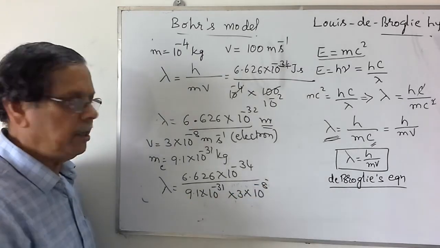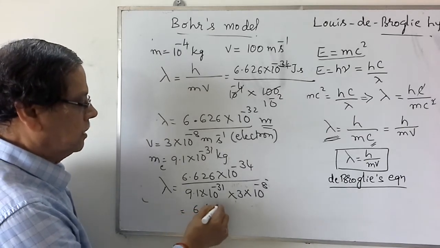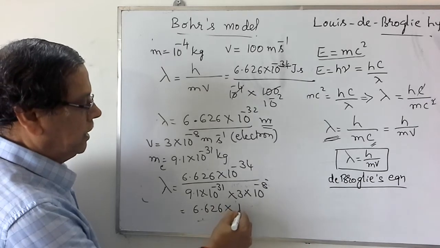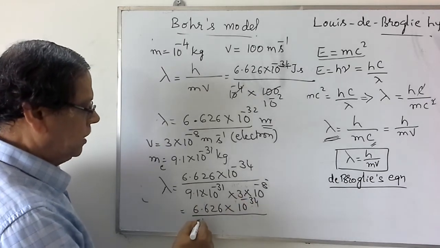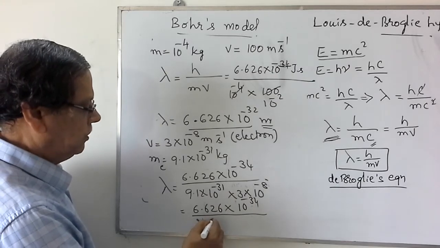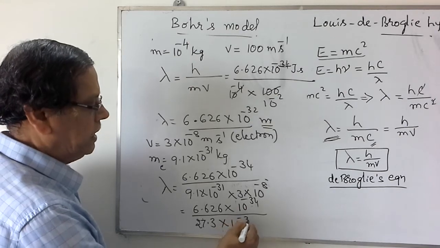All are in SI units, so we can very easily simplify. This is 6.626 into 10 to the power minus 34. In the denominator we have 27.3 into 10 to the power minus 39.